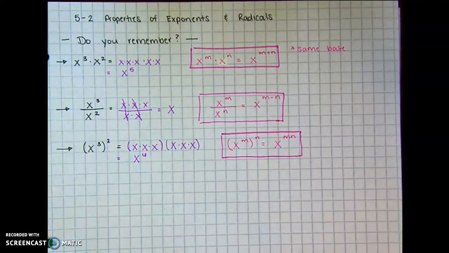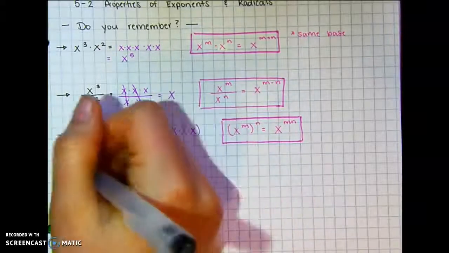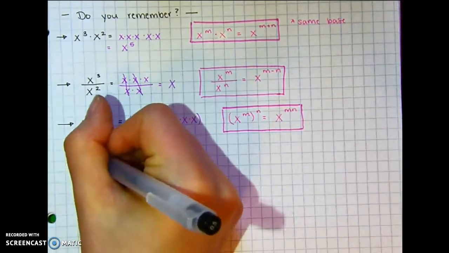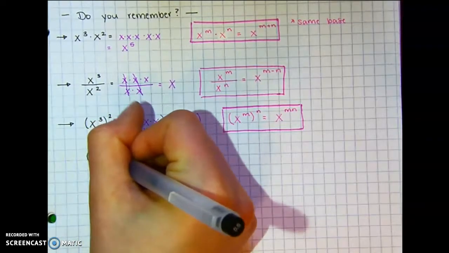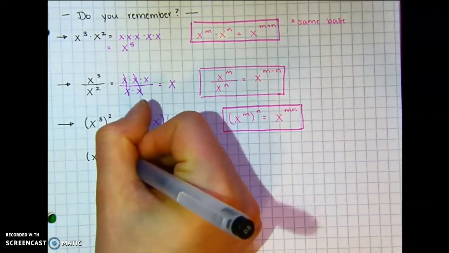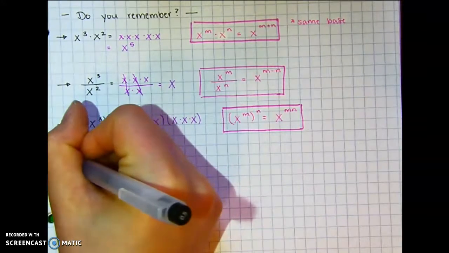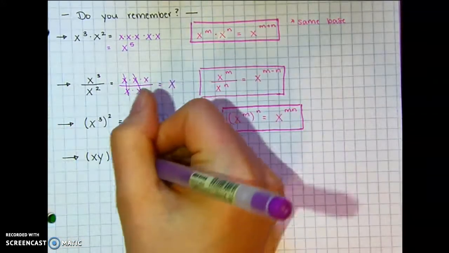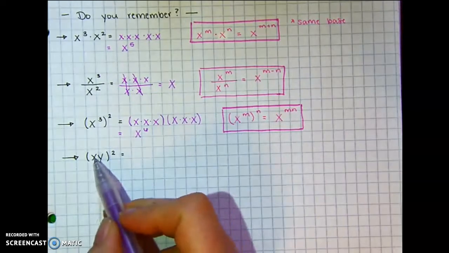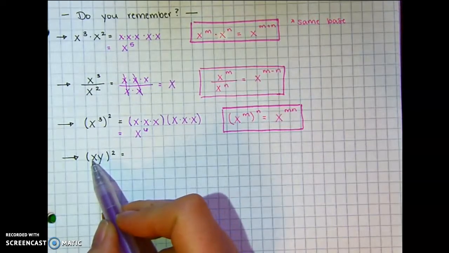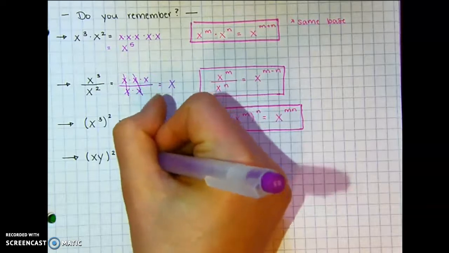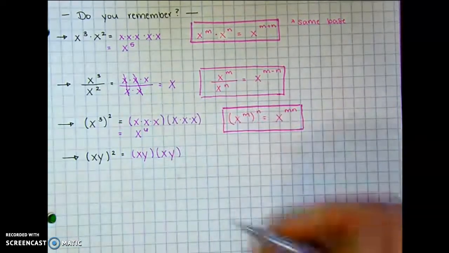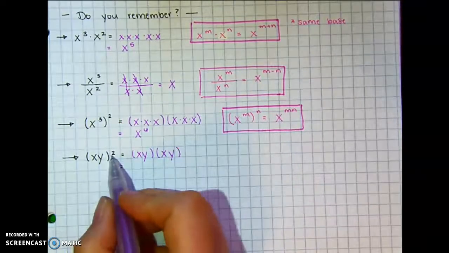Okay, next one is what if you had two different bases? So if you had xy to the second power, that would be the same as x times y times x times y, right? Because it's squared.